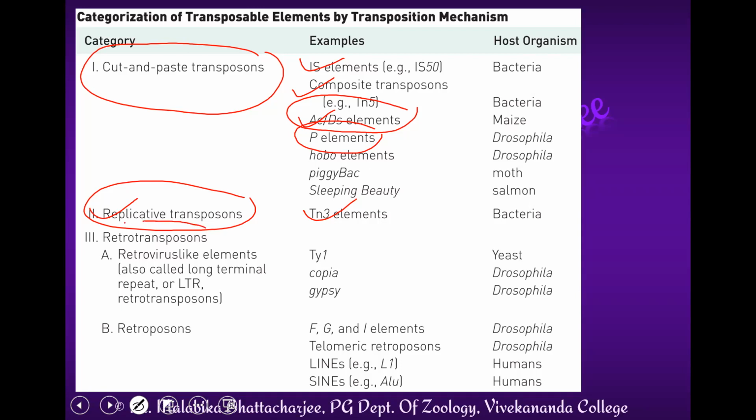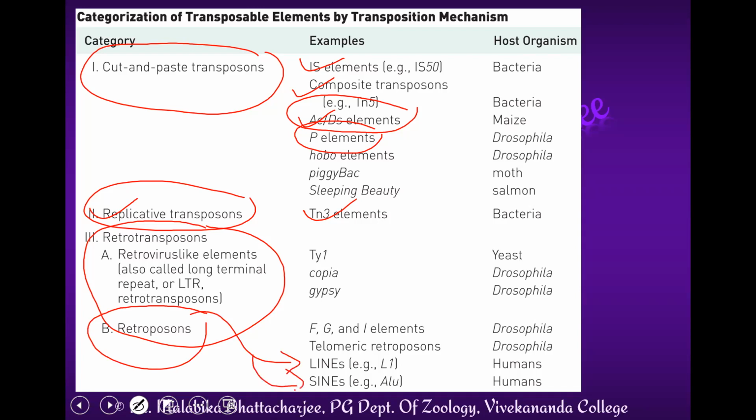So we'll not concentrate on retrotransposons much because they are not a big part of your syllabus, but for a glimpse, we'll understand what retrotransposons are also. Retrotransposons are of two categories, retrovirus-like elements and retroposons. Of the retroposons, we will study these two elements, the LINEs and the SINEs, which are found within the human genome.